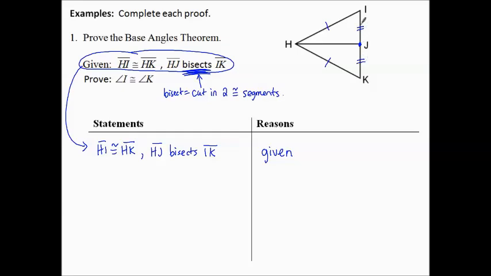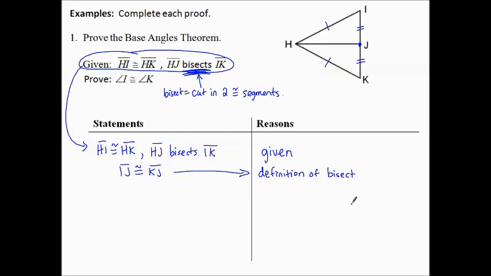Now that wasn't given to me that these were congruent. We had to remember that that's what bisect means. So according to the definition of bisect or segment bisector, IJ is congruent to KJ. So that's what we're stating next. Segment IJ is congruent to segment KJ because of the definition of bisect.